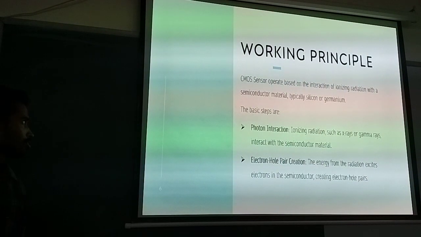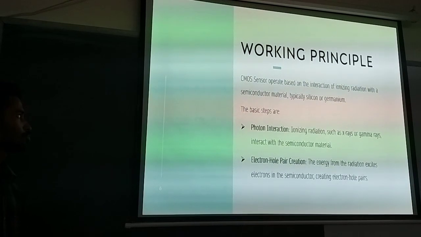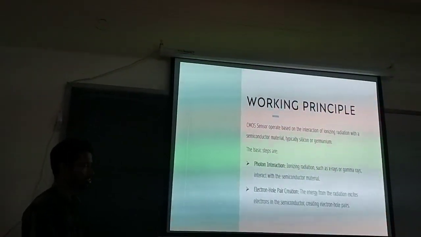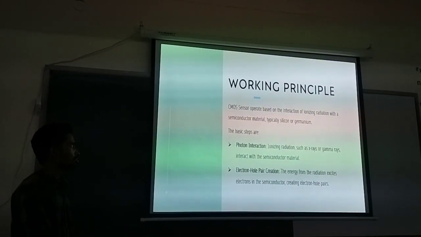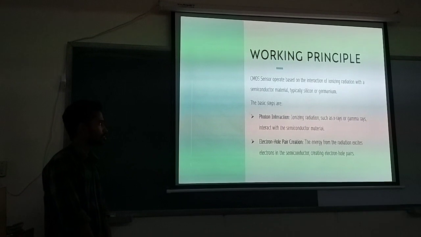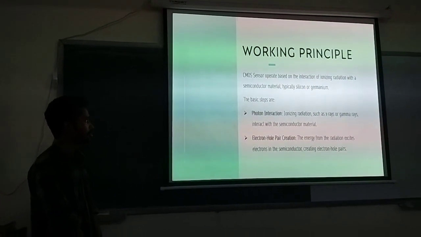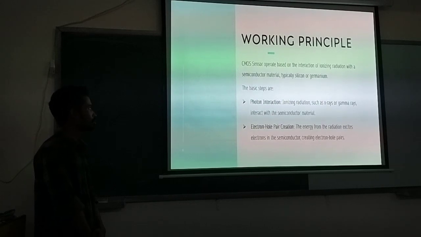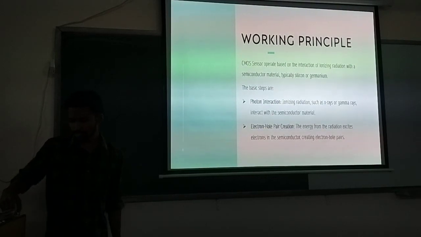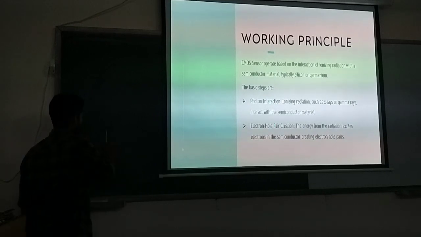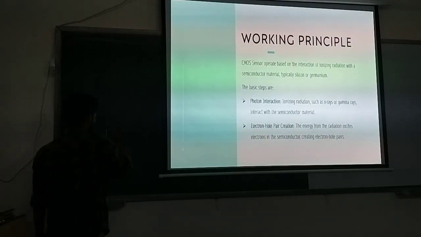Then the working principle. A CMOS sensor operates based on the interaction of an ionizing particle with semiconductor material like silicon or germanium. A CMOS sensor consists of a large number of pixels, and each pixel consists of a photodiode, which is a semiconductor.